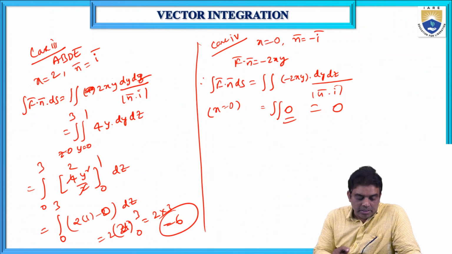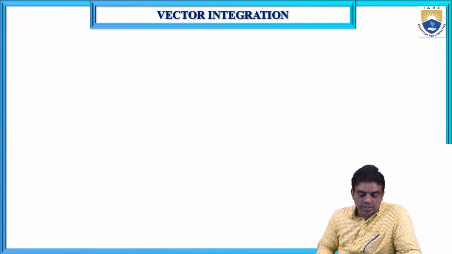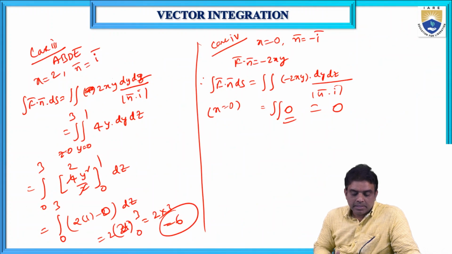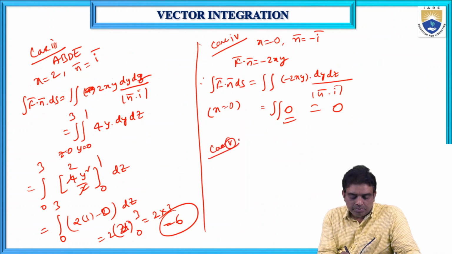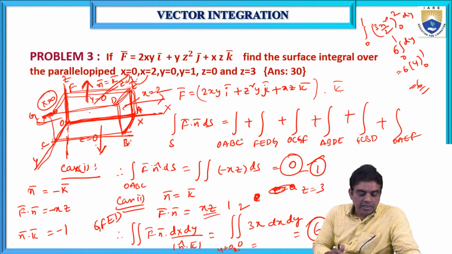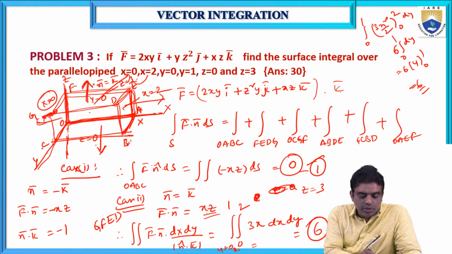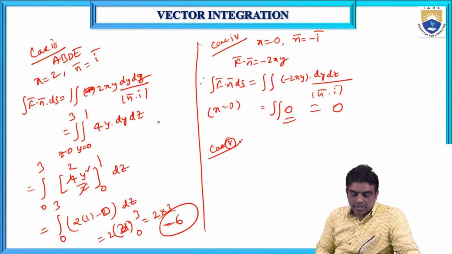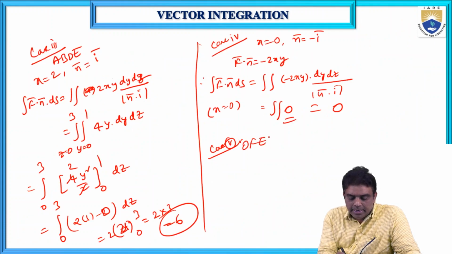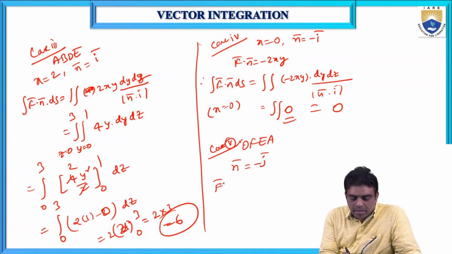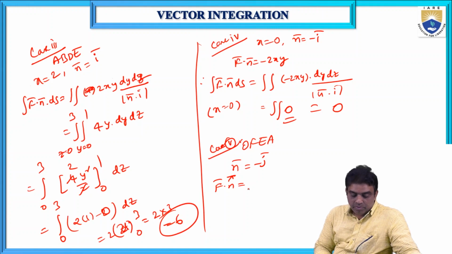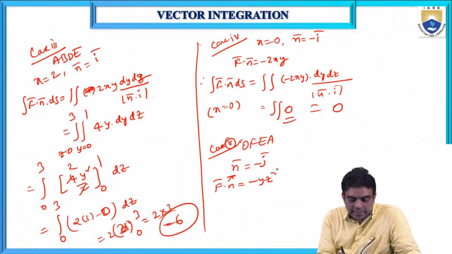Case 5, for the surface OFEA, the outward normal vector n bar is equal to minus j bar, and f bar dot n bar is equal to minus yz square.